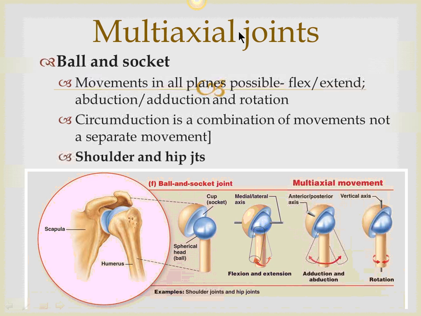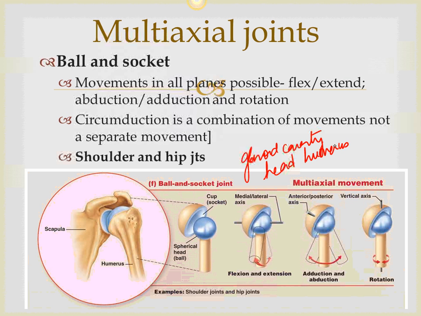So multiaxial joints are also called polyaxial joints, which are ball and socket, where you have a socket into which a rounded spherical head fits like this. This is a good example of a ball and socket. At the shoulder, if you remember, we had the glenoid cavity of the scapula, and fitting into it was the head of the humerus.